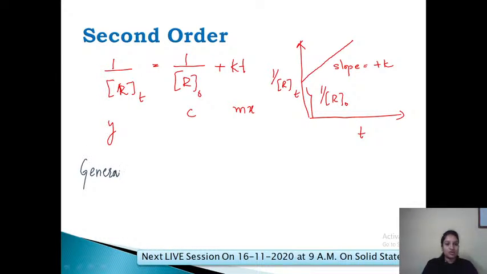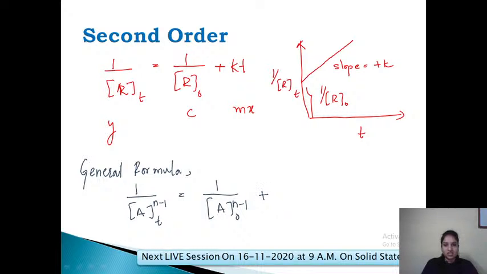So the general formula for the integrated rate equation is 1 upon concentration of A at time t raised to n minus 1, where n is the order of the reaction, equals 1 upon concentration of A naught raised to n minus 1, plus n minus 1 into k into t. Here n is the order of the particular reaction.